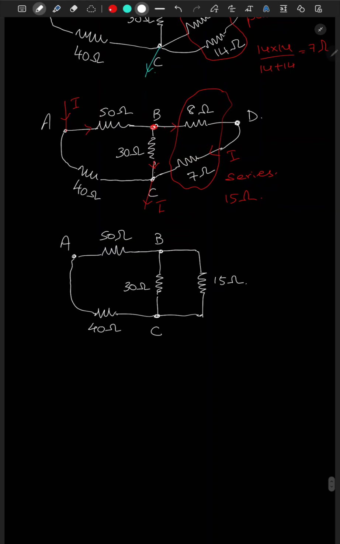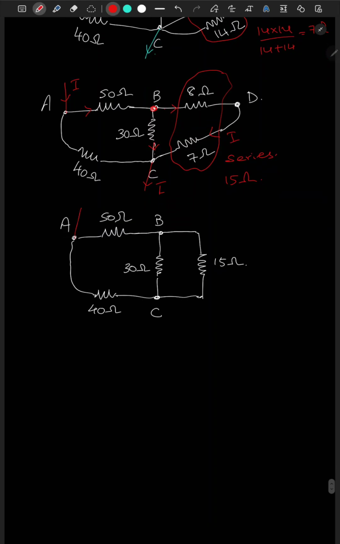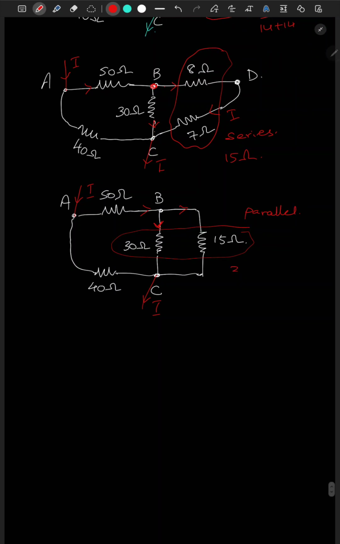So now we redraw the current again. So it enters A and leaves at C. So here the current will go in two different branches, it will divide. Therefore these two are in parallel. So parallel, we have the product divided by the sum.